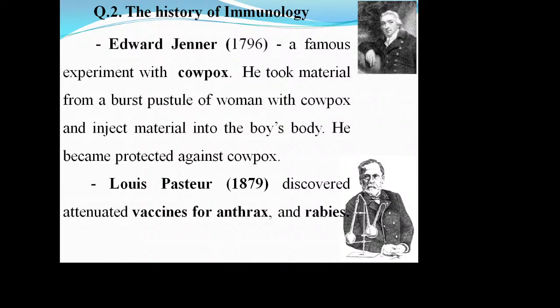Louis Pasteur discovered the first alternative vaccines for anthrax and rabies. Anthrax is a bacterial infection and rabies is a viral infection. After that, these anti-anthrax and anti-rabies vaccines were used in all countries from all over the world.